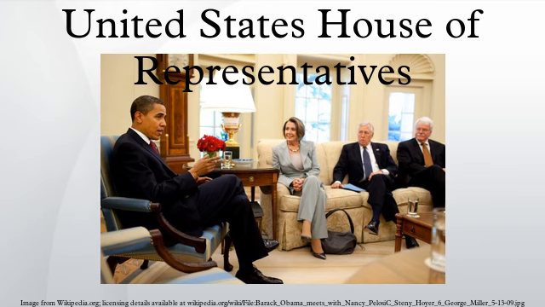The 113th United States Congress will run from January 3, 2013 to January 3, 2015. Proposed bills of the 113th United States Congress, Acts of the 113th United States Congress.